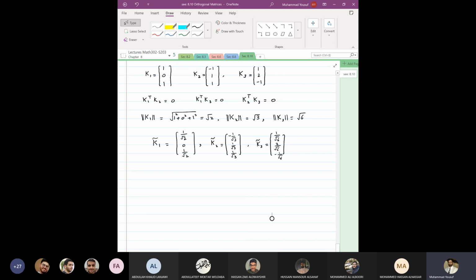Now we put these eigenvectors in a matrix form with these eigenvectors as columns: 1 over square root 2, 0, 1 over square root 2, negative 1 over square root 3, positive 1 over square root 3, 1 over square root 3, and 1 over square root of 6, 2 over square root of 6, minus 1 over square root of 6. Now this is an orthogonal matrix.